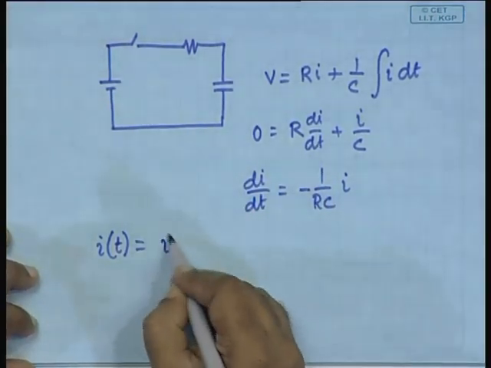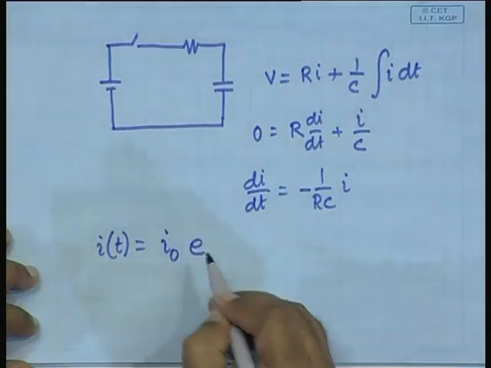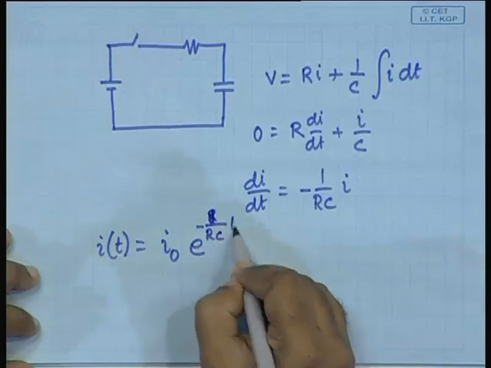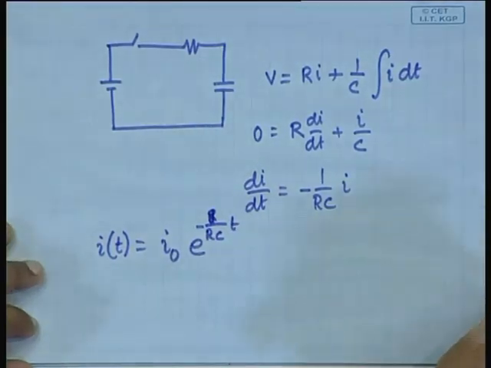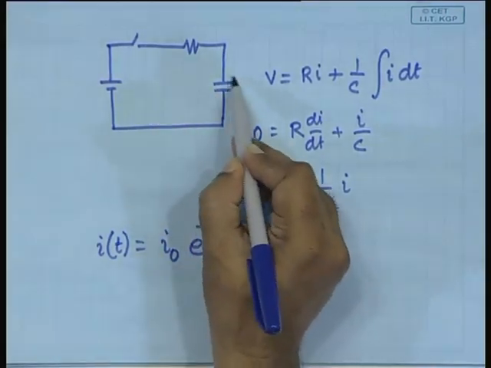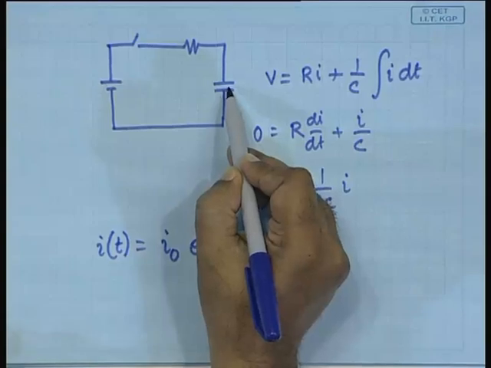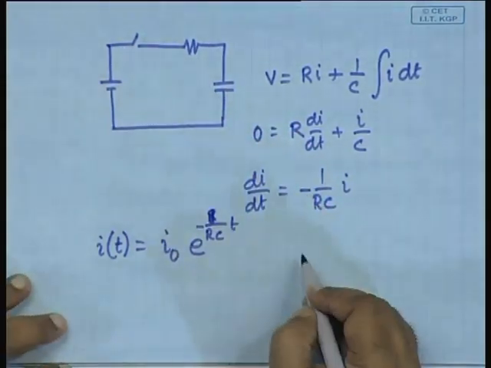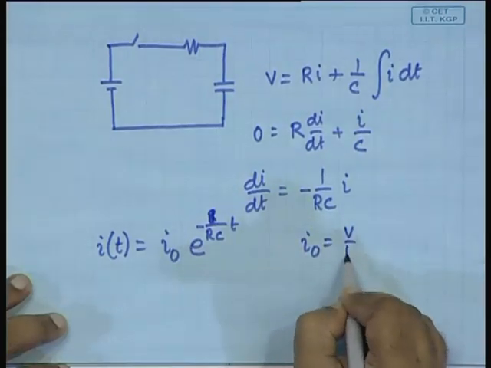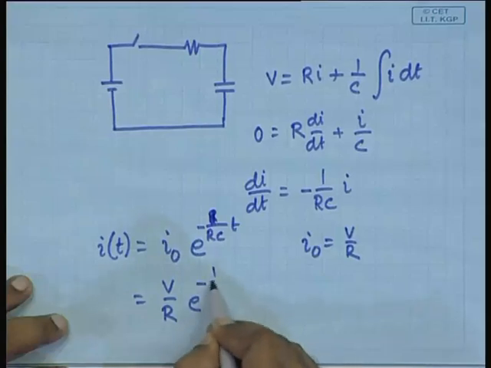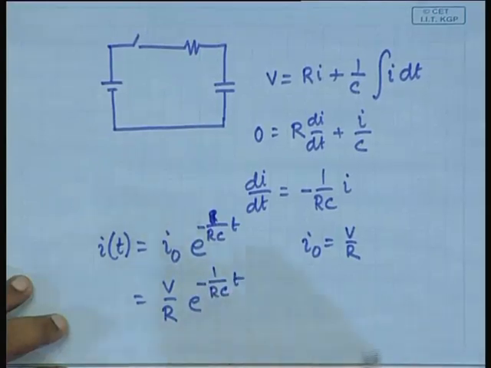The solution is I naught e to the power minus 1 by RC t. What is I naught? Initial current. If there is no charge initially, then the voltage here is 0. So, the whole current passes through this, V by R. So, I naught is equal to V by R. So, this is equal to V by R e to the power minus 1 by RC t.